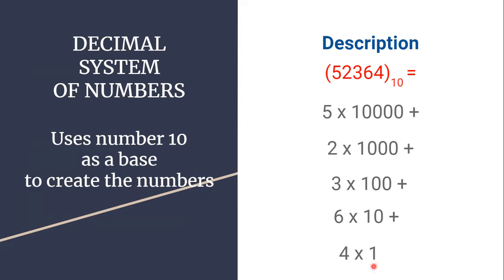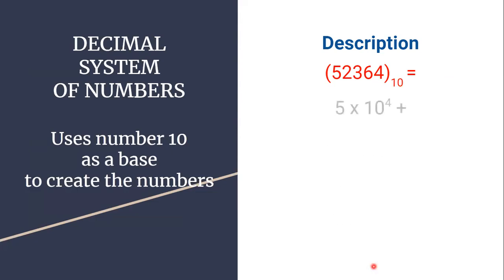Okay, so if I continue now, I'm going to present you the powers of 10. In the place of the number 10,000, I put the 10 to the power of 4. I substitute 1000 with 10 cubed. I substitute 100 with 10 squared.